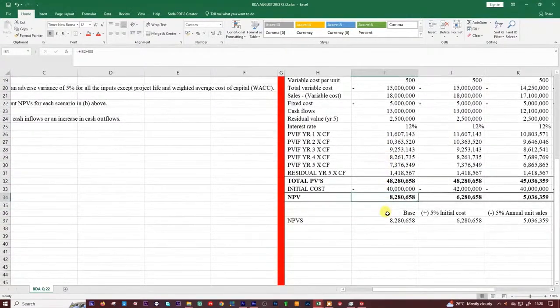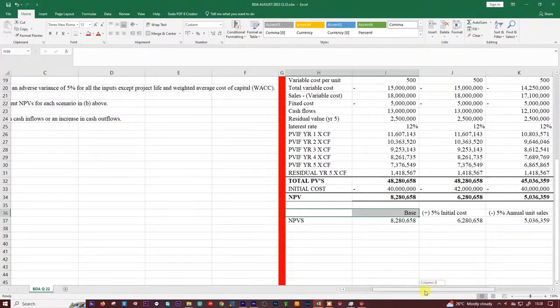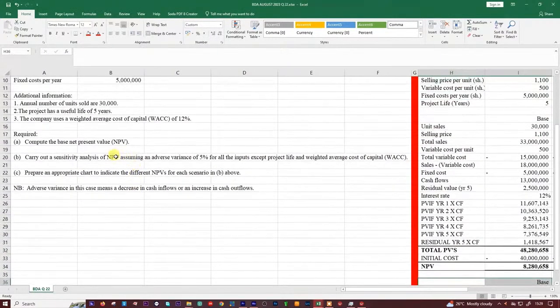So with that, then I'll just go to part C here. So we've done a sensitivity analysis for the adverse effects of initial cost, selling price, fixed cost, variable cost, and residual value. And then we are told to prepare an appropriate chart to indicate the different NPVs, each scenario in B above.